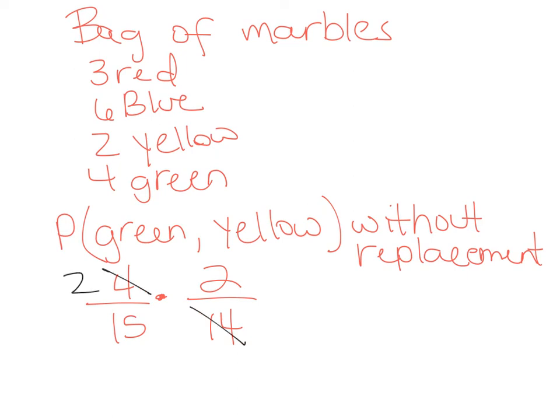This is 2, this is 7, and I think that's all we can do. 2 times 2 is 4, and 15 times 7 is 105. So we have a 4/105 probability of picking a green and then a yellow without replacing our first marble.